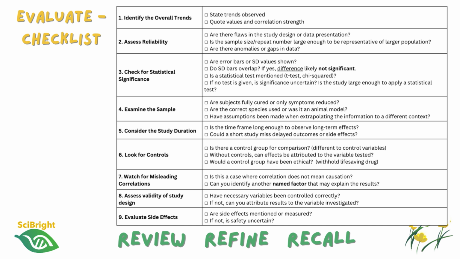What evidence is there against the data? All that we don't know, anomalies, gaps in data, no control group, maybe no long-term safety data or information on side effects. And thirdly, what else could be influencing the results? Look for control variables that haven't been controlled or a bias in samples which make the results not representative of the wider population.